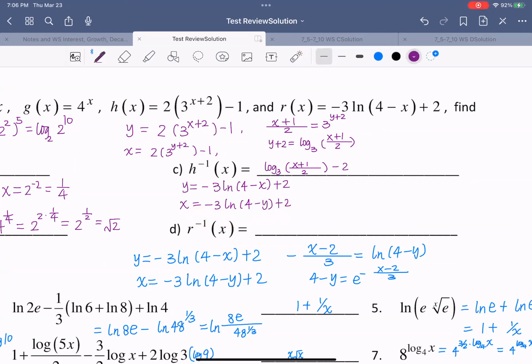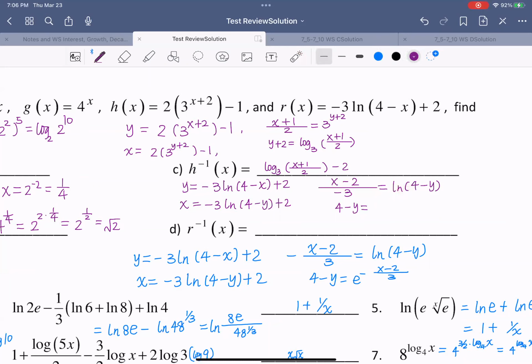So you will have x minus 2 over negative 3 equals this. Okay, and then we solve the 4 minus 1 will be, this is base e, right?